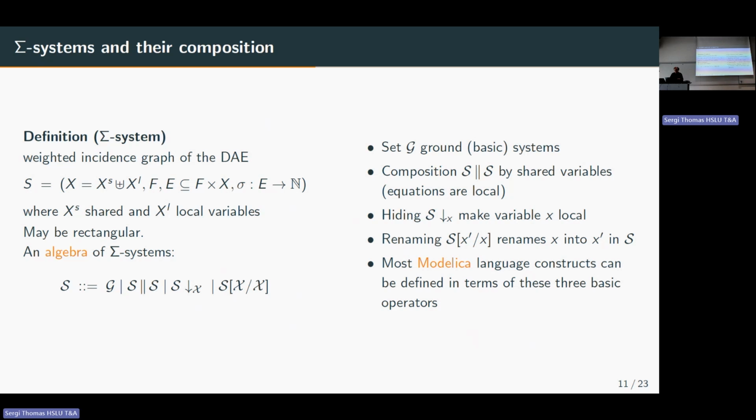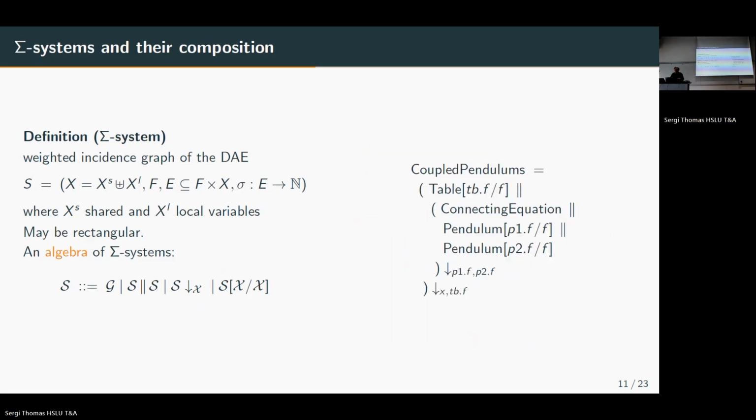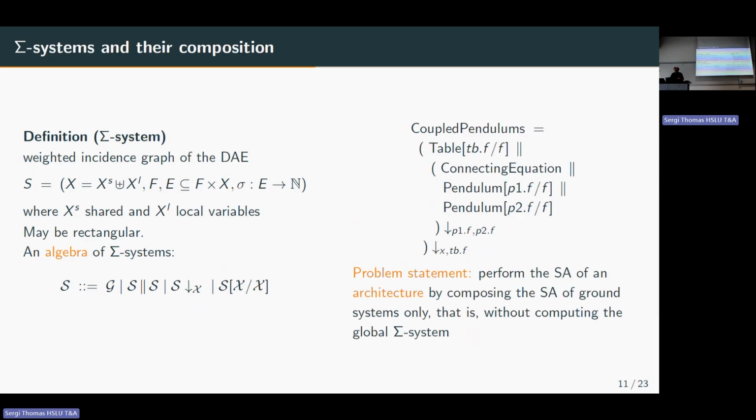It turns out that most Modelica language constructs can be expressed in terms of this algebra. So, for instance, for the coupled pendulums, this is the term in the algebra. I will not comment further.